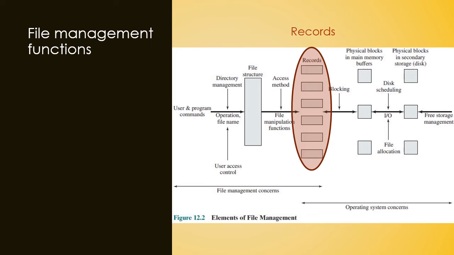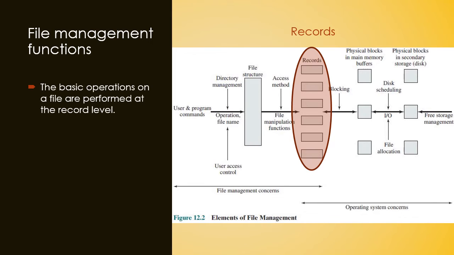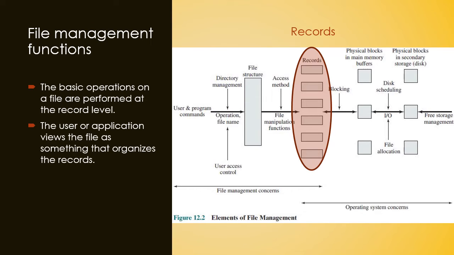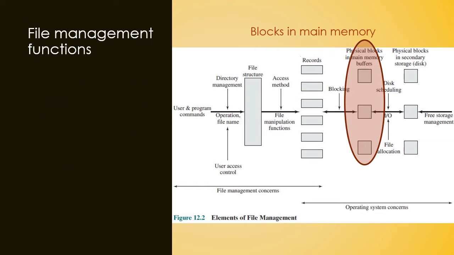Now we talk about records. The basic operations on a file are performed at the record level. The user or application views the file as something that organizes the records. Then behind records, we see blocks that are placed in main memory.